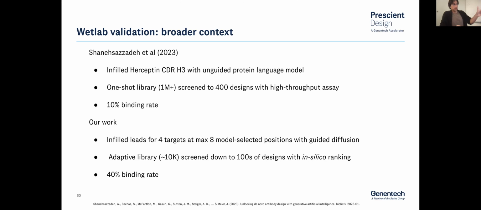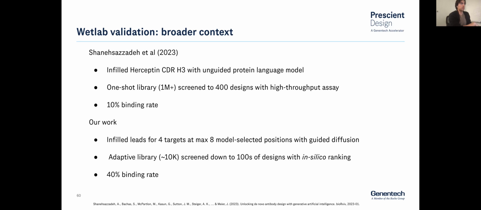In our work, this isn't a direct head-to-head comparison. The purpose of including the Absci result is just for context, for those of you who maybe aren't as familiar with antibody design and what binding rates you might expect. What we did was infill 20 different lead molecules for 4 different antigen targets, up to a max of 8 model-selected positions.